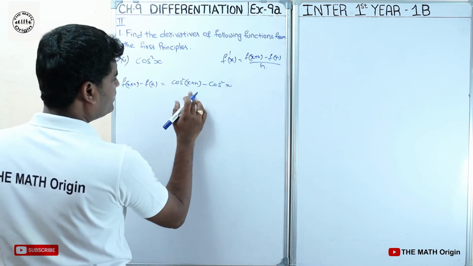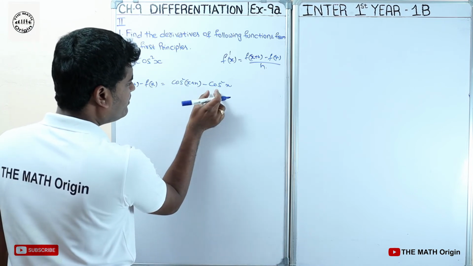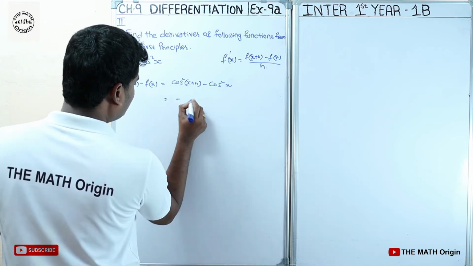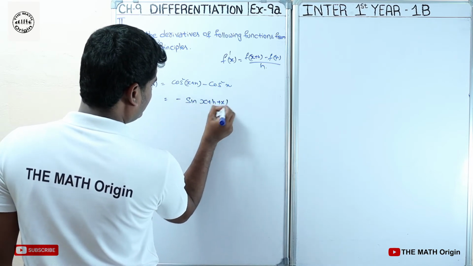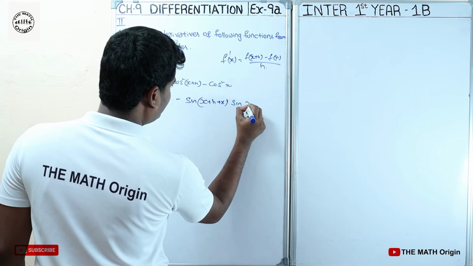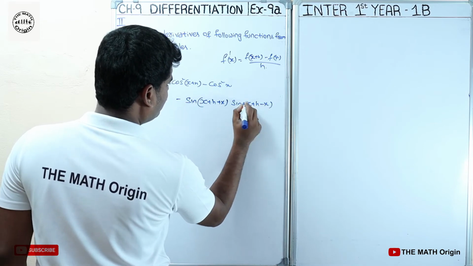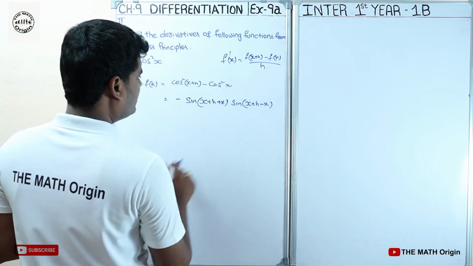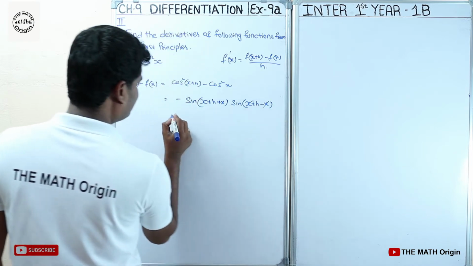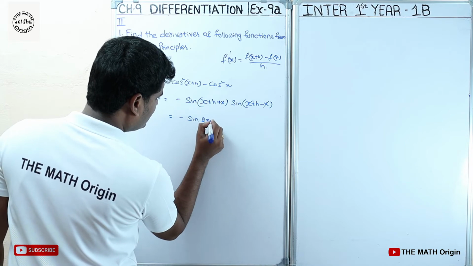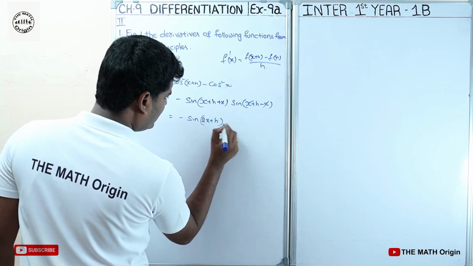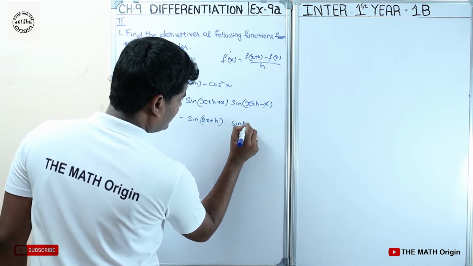Now if you see, this is in the form of cos square a minus cos square b. The form is minus sin of a plus b into sin of a minus b. So from this x is cancelled, therefore that is equal to minus sin 2x plus h into sin h.